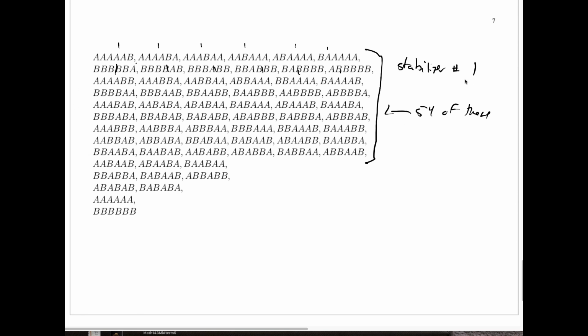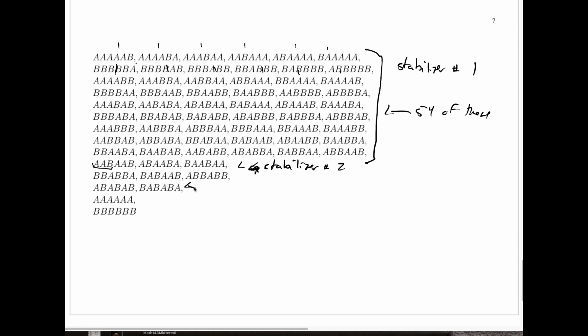These 6 strings here in the next 2 rows all have stabilizer number 2. Remember, each of these is fixed by R naught, as well as by R3. If you rotate each of these by 3 units, you get the same thing. So they all have stabilizer number 2. This one we have already seen.